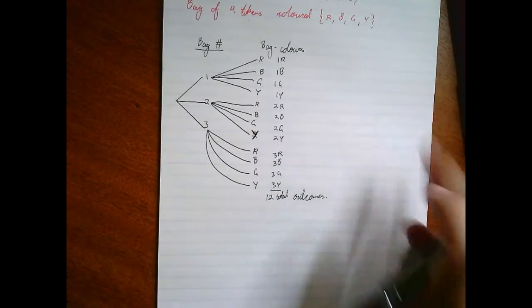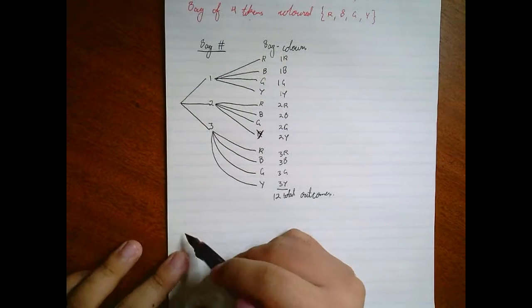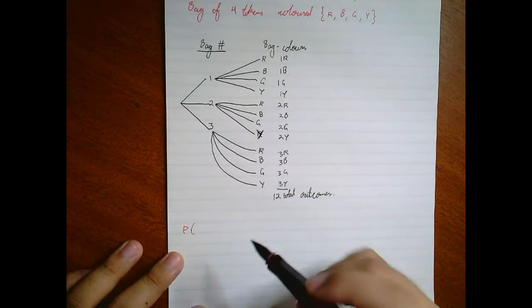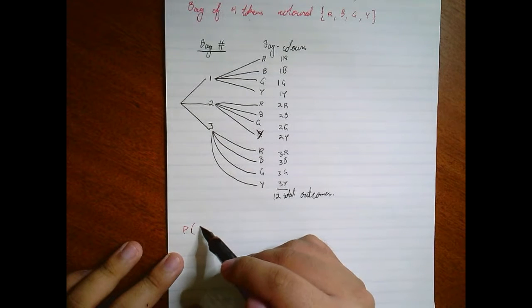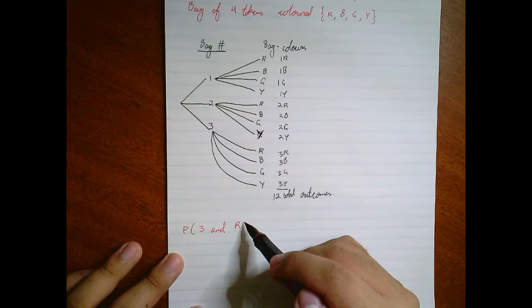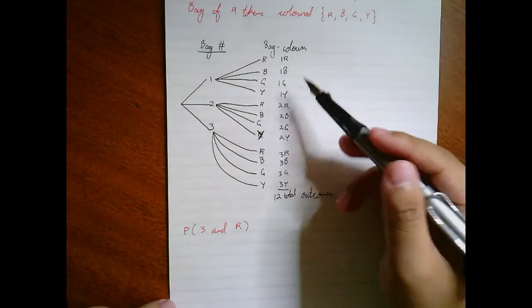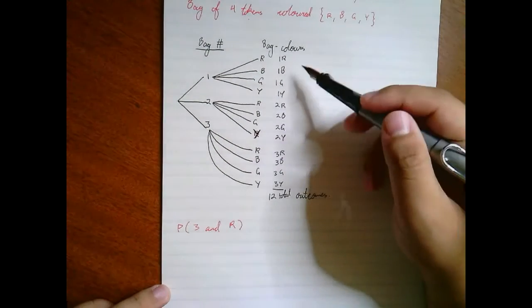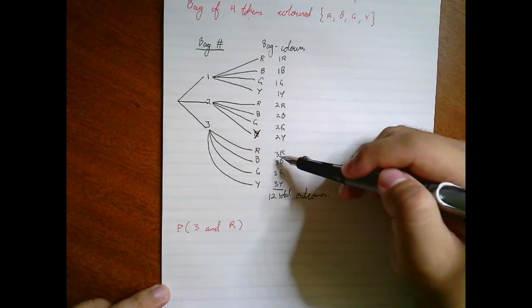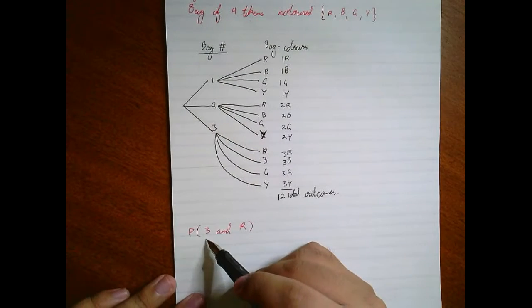And the same thing can happen now. You can be asked questions, so if I ask you, what is the probability of getting a 3 and a red? Well, how many results here have a 3 on them? 1, 2, 3, 4.